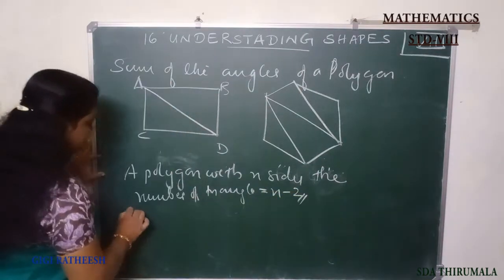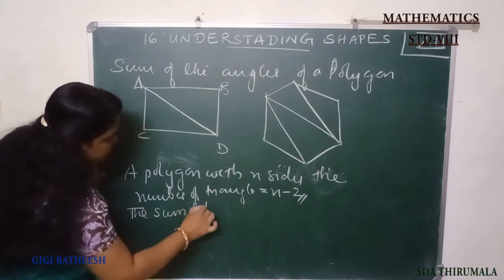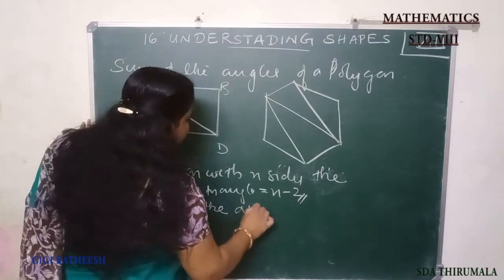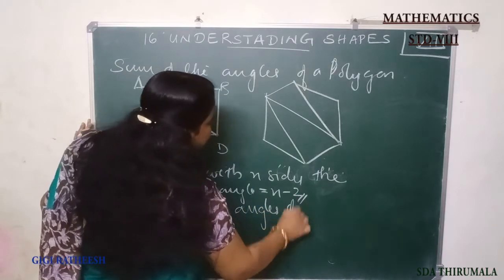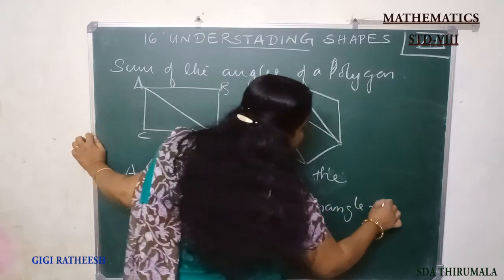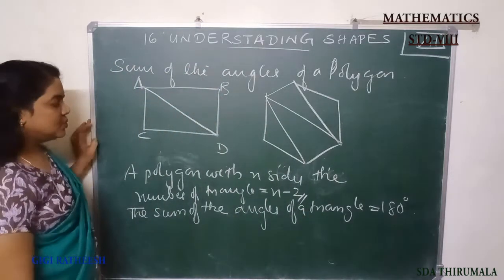The sum of the angles of a triangle, we know, is equal to 180 degrees.